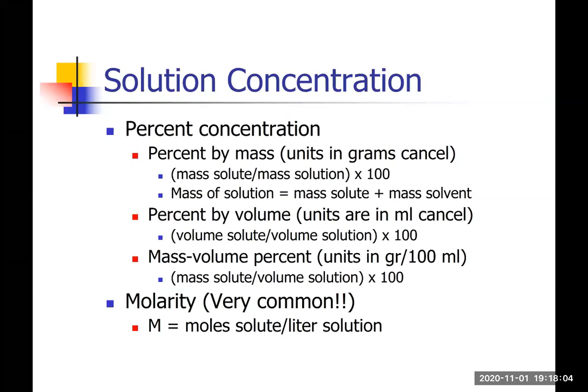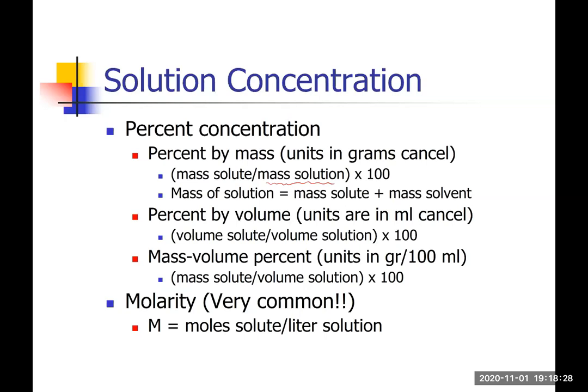The mass of the solution here is equal to the mass of the solute plus the mass of the solvent. We also have percent by volume, where the units are in mLs and cancel. So we have volume of the solute over volume of the solution. The units in mLs cross cancel, and we're left literally with units of percent.